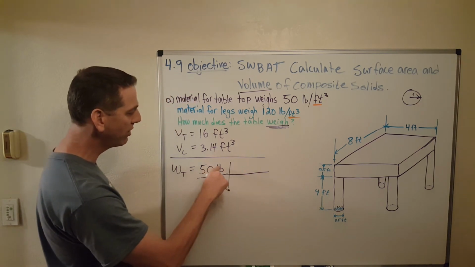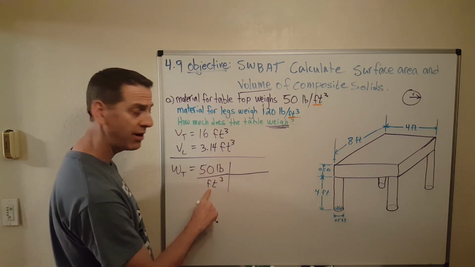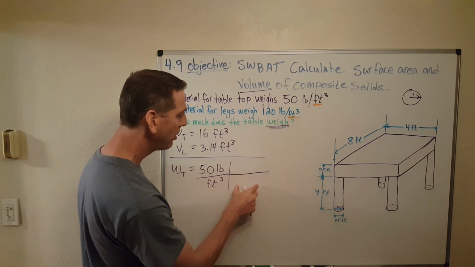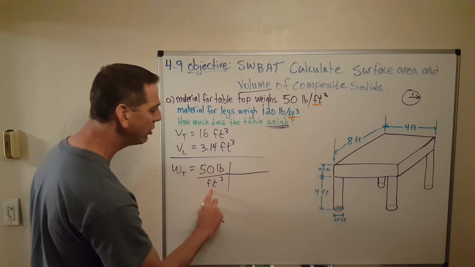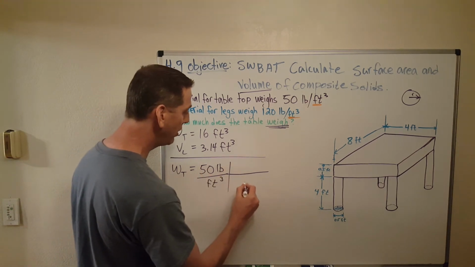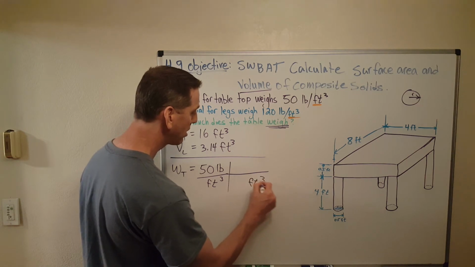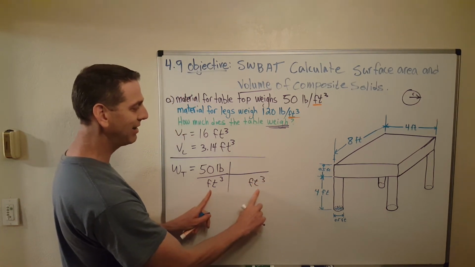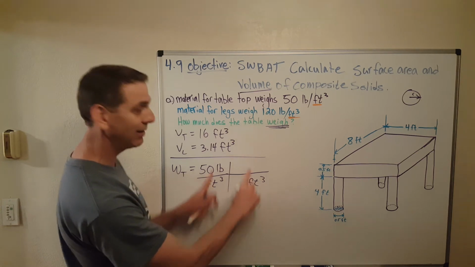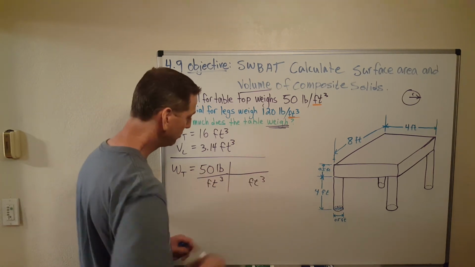If the 50 is the numerator, and this down here is the denominator, would I put the cubic feet on the top or the bottom to get rid of the cubic feet? Well, if I put it down here, that's not going to cancel the cubic feet out, right? It's just going to make it even bigger.